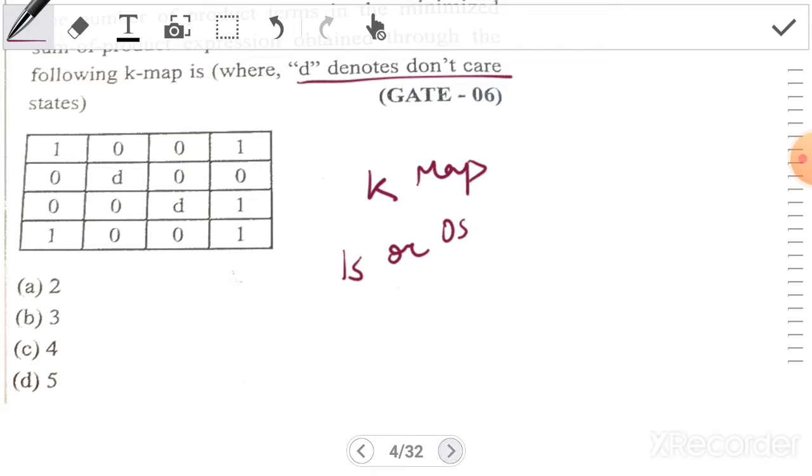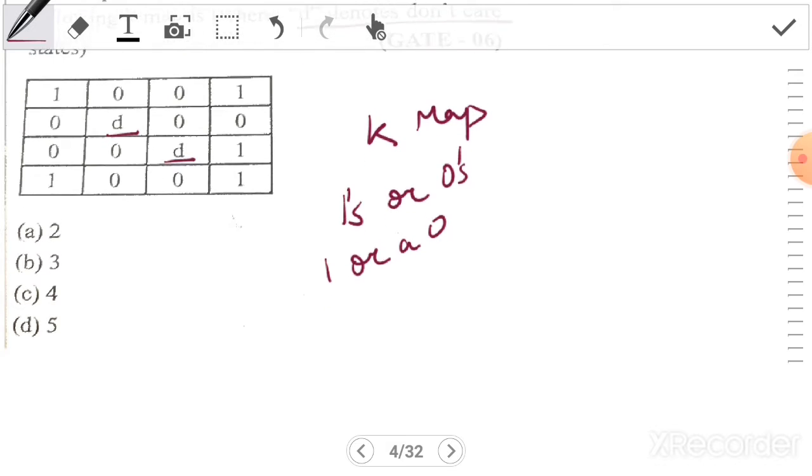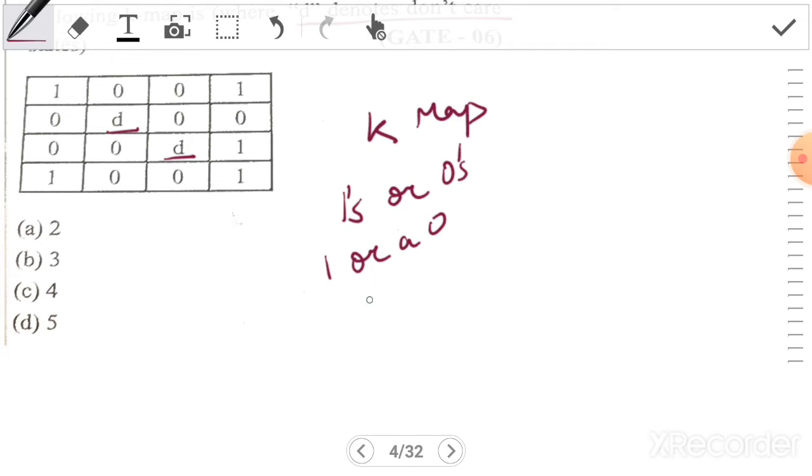So when forming group of cells, treat the don't care cell as either 1 or a 0, or ignore the don't care. Only use them in a group if it simplifies the logic.